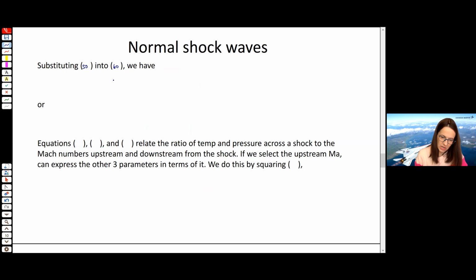We have Ty times 1 plus (k minus 1) over 2 times May squared equals Tx times 1 plus (k minus 1) over 2 times Max squared, or rearranging to put this in terms of a ratio, we now have an expression that tells us the ratio of static temperatures across a normal shock, right? The ratio of the downstream to upstream static temperature. Of course, you do need both Mach numbers to be able to calculate this.